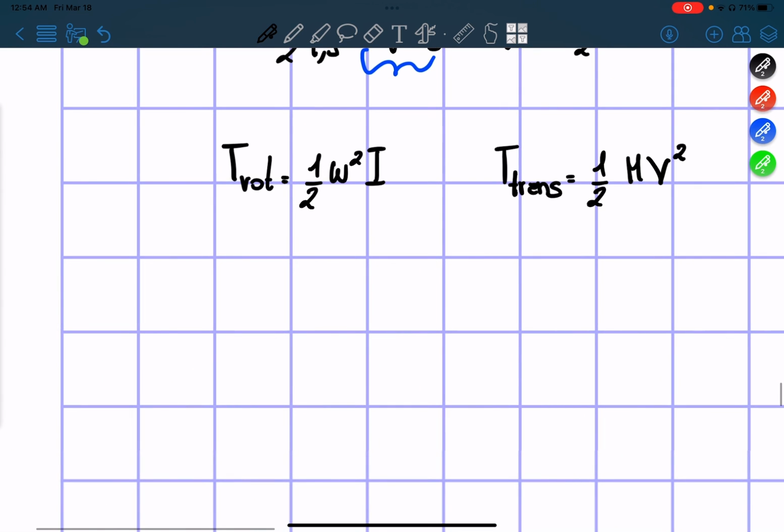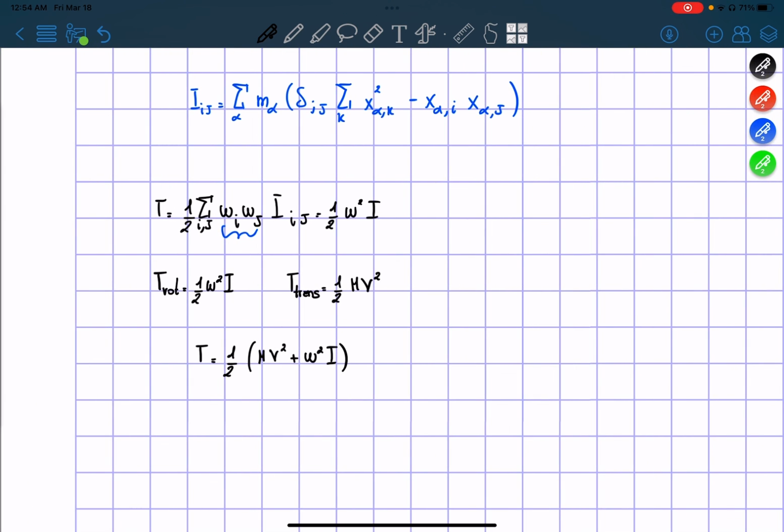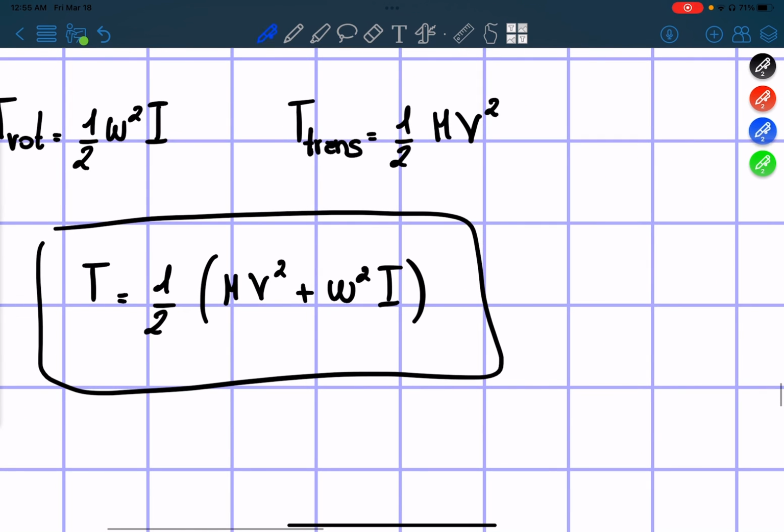So we can say that total kinetic energy is equal to 1/2 times our capital M B squared plus 1/2 omega squared I. As I said, this is pretty easy to know because, of course, this has been proved in the past already, and we know that the kinetic energy for a rotating object is equal to this. We could have added it to the kinetic energy of our translational system, and we found it, but we just proved how to find this part here.